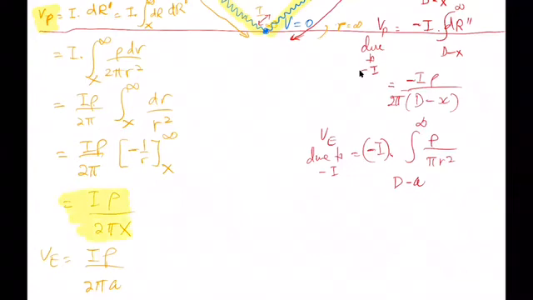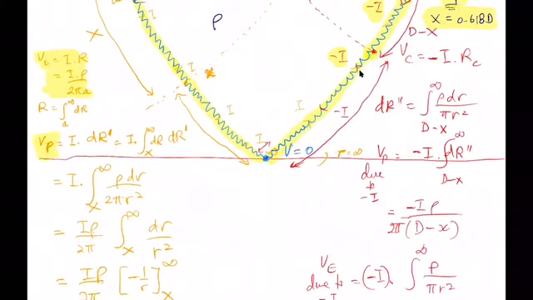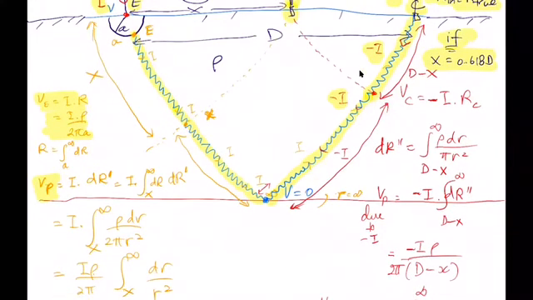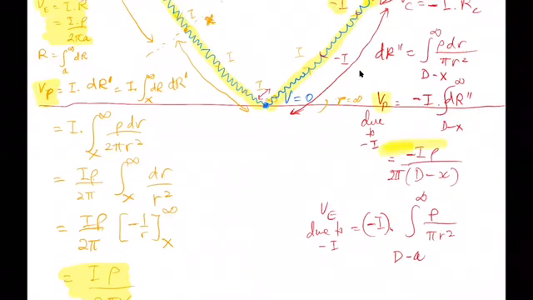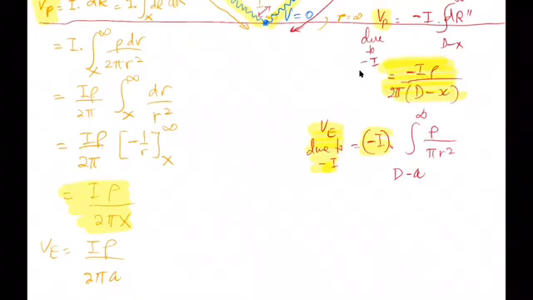So we have due to I. Now due to minus I, we have also VE and VP. What we have calculated here is VP due to minus I, and VE as well, but we haven't finished that one. Understand now? If we continue this integration, we will get this answer: minus I rho over 2 pi, 1 over d minus A.